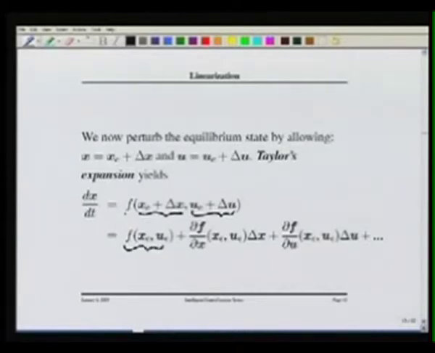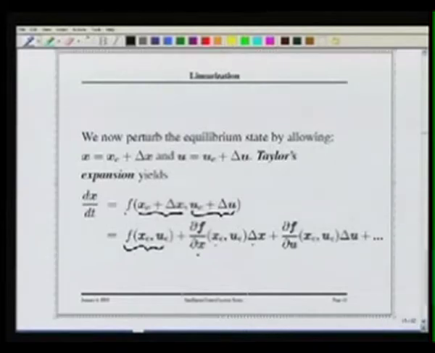And then del f/del x, you know f is a vector, so x is also a vector. If you differentiate a vector with respect to a vector, you get a matrix. So, del f/del x into delta x, and this matrix is computed at x equal to xe, u equal to ue.